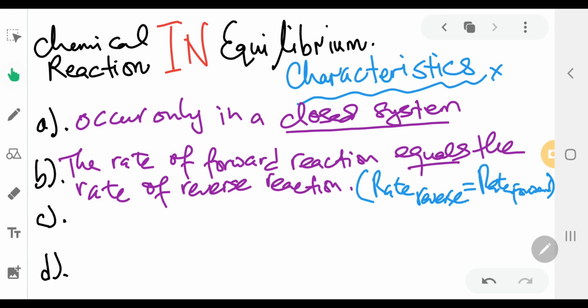Okay, so these are the two very important characteristics that you need to remember. At least try to remember these two characteristics for your examinations.